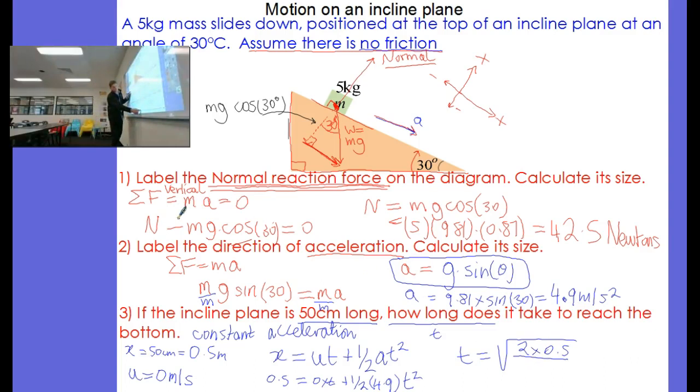And then we've got the acceleration 4.9, that's multiplying the t squared. So to solve for t squared, we've got to divide by 4.9. There we go. And because it's t squared, to solve for t, we've got to do the square root. And that's how long it will take. How many seconds?